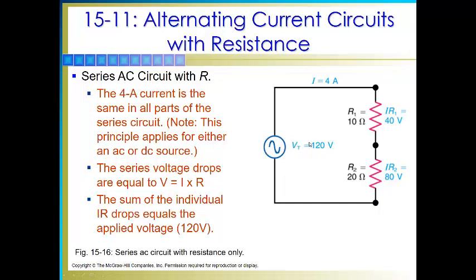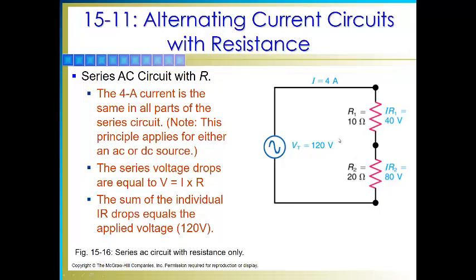So when we have a circuit that has only the source and resistors, we can use the same method that we use to solve problems with DC values.